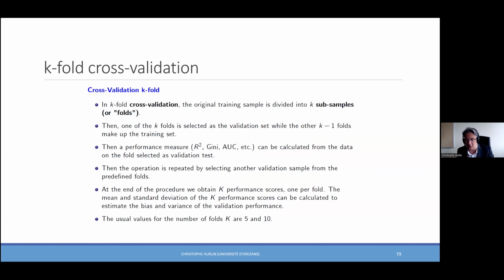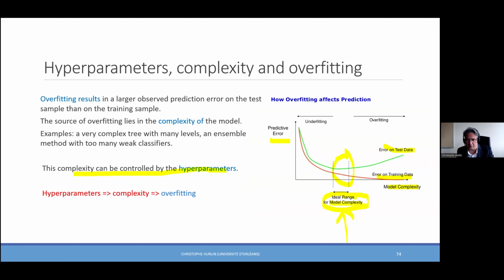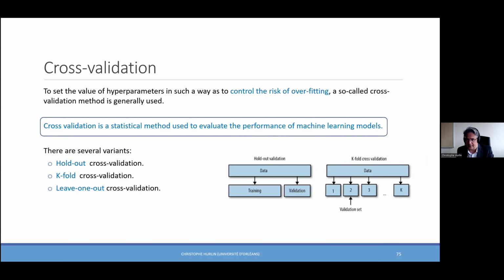So if you have understood the holdout cross-validation technique, you will understand the K-fold cross-validation. The problem with the holdout is the fact that you determine once and for all what is the training and what is the validation. The idea of K-fold is to consider all the data here and to use them alternatively as training data or as validation data.